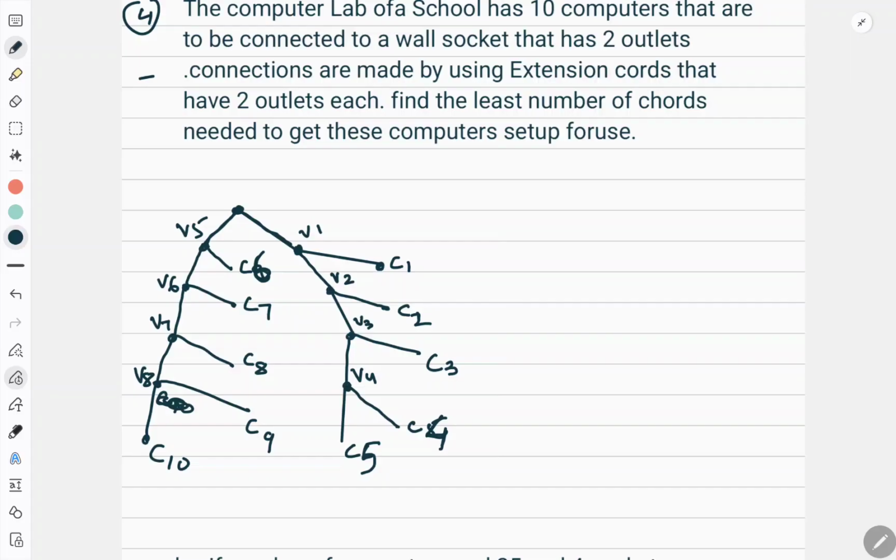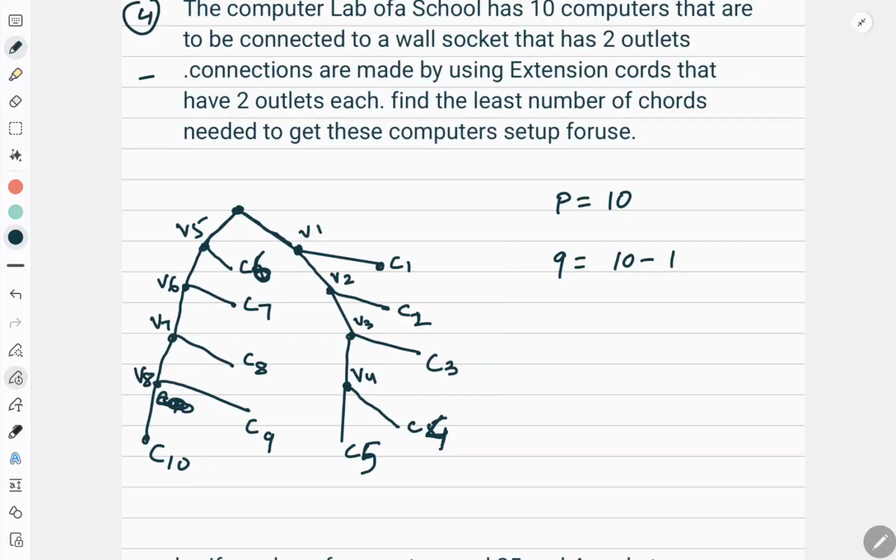Now let me do it by using the formula. If I use the formula, how many computers do you have? Computers means they will be the leaves. So P is equal to 10. Correct. And the number of internal vertices of the tree will be how many? That is Q is equal to 10 minus 1 because it is binary. Right. So M will be equal to 2.